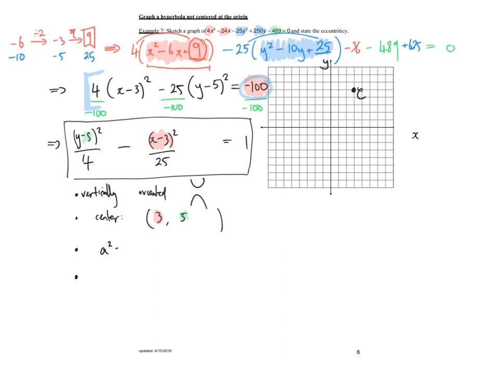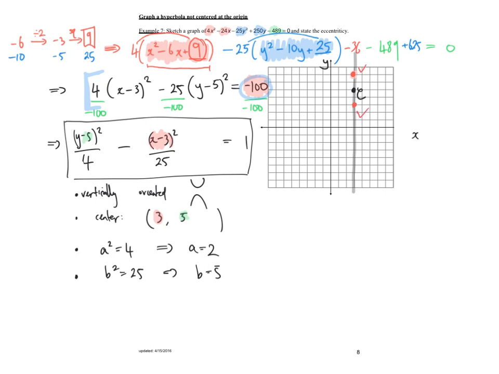a squared is going to be 4, so that means that a is 2. b squared is 25, so b is 5. Now remember, our hyperbola was vertically oriented, so the transverse axis is going to be vertical. So my vertices are going to be 2 units vertically above and below the center. So we'll go 2 up and 2 down.